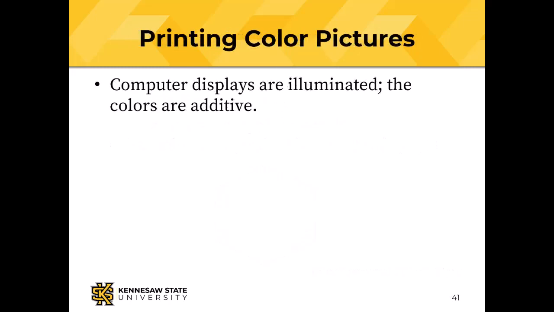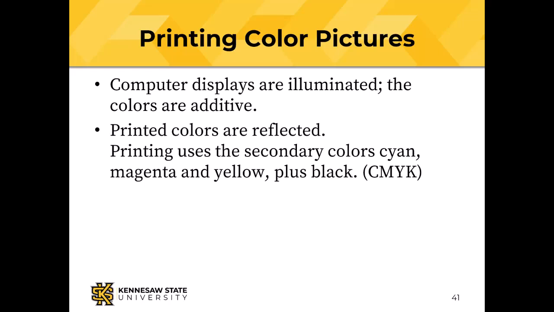Printing turns out to be a lot harder. Computer displays are illuminated, the colors are additive. Printed colors are reflected, so light hits the printed page and is reflected. Printing uses the secondary colors cyan, magenta, and yellow. Those are the ones that were the combinations of red, green, and blue in the RGB model.